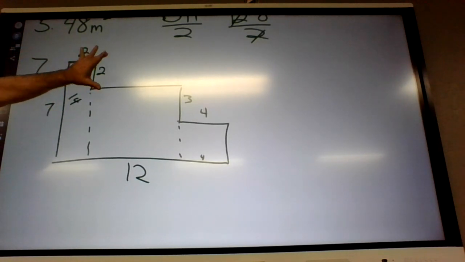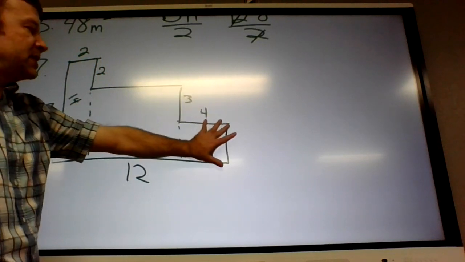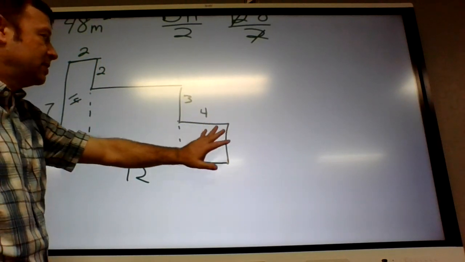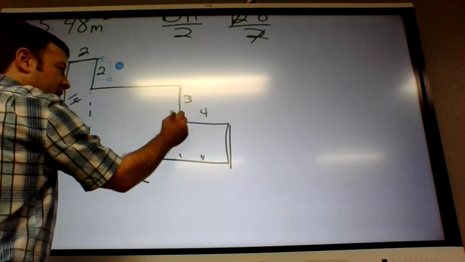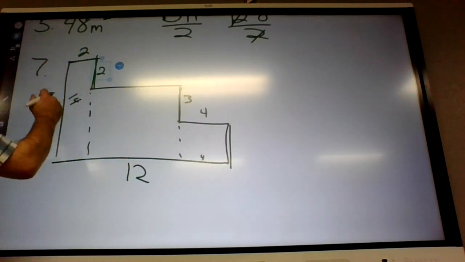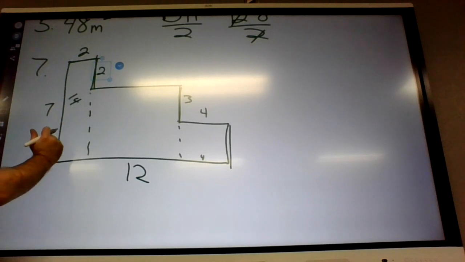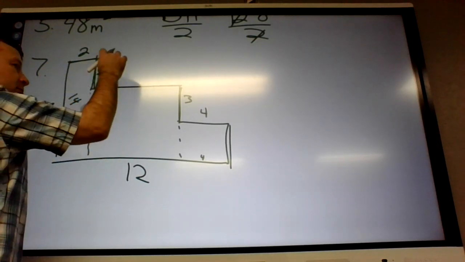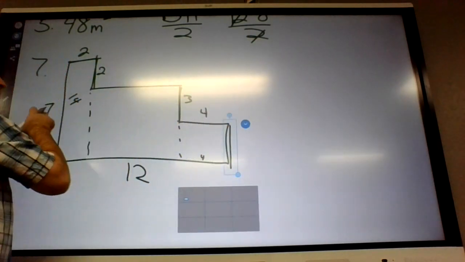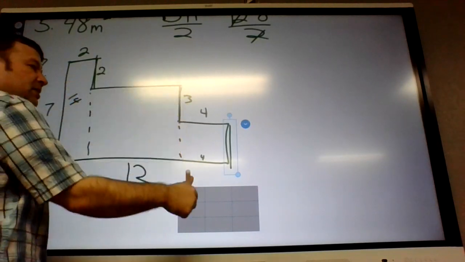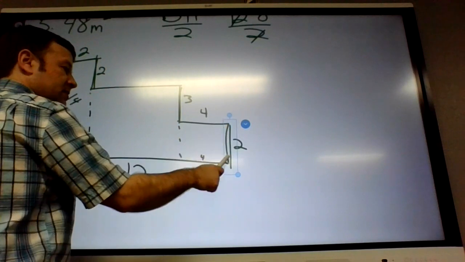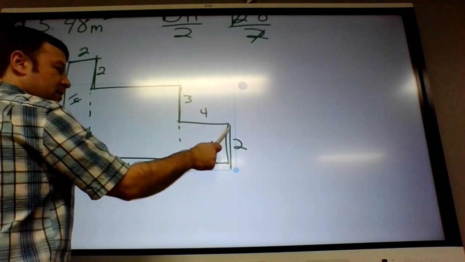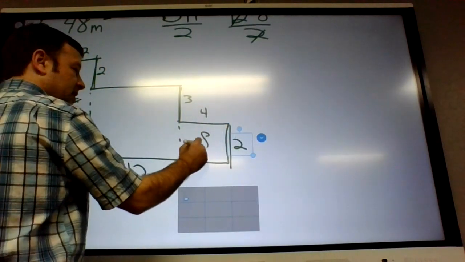From here to here is 2. From here to here is 3. What's that leave from here to here? 2. These 3 heights together have to add up to 7, because 7's the whole way up. So 2 plus 3 plus what equals 7? 2. So what would the area of this little thing be? 4 by 2 rectangle, so it's 8.